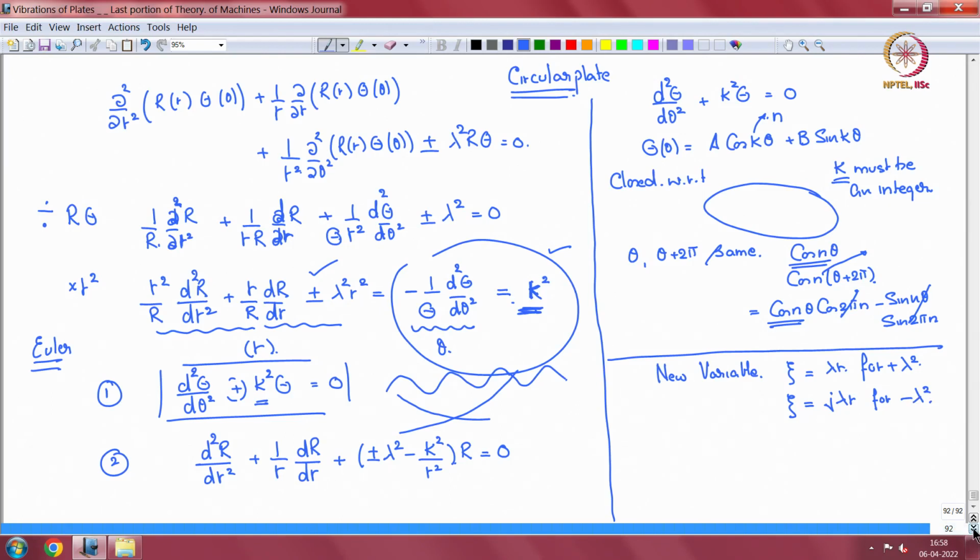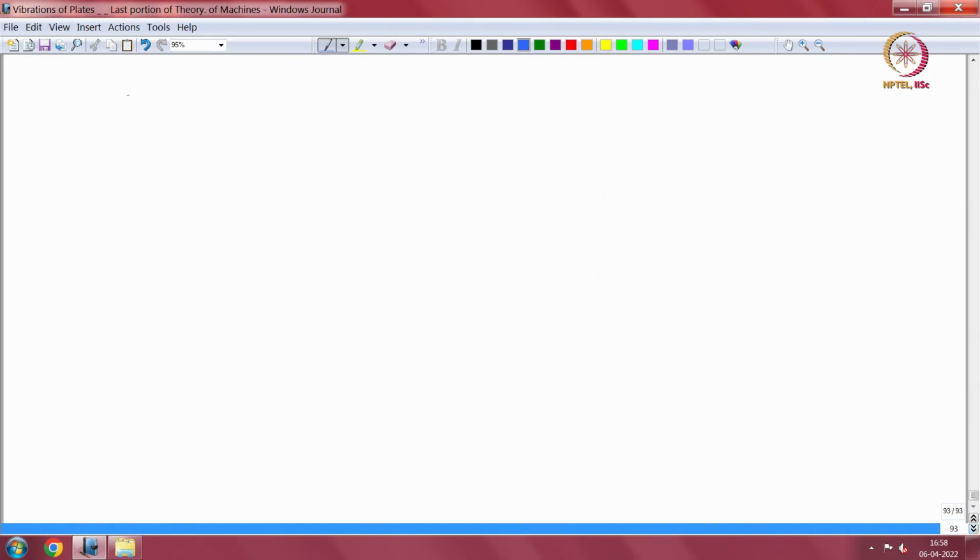Okay, so how does this work out now? We have the r equation: d2r by dr square plus 1 by r dr by d small r plus or minus lambda square minus k square by r square into r equal to 0.